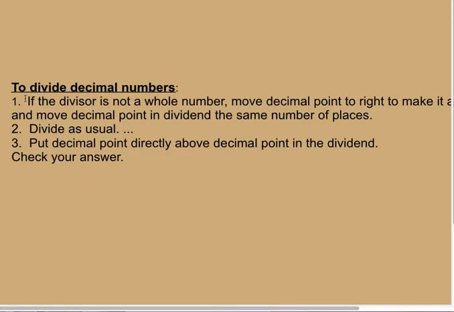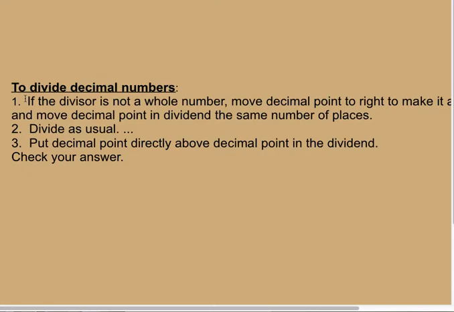So in order to divide decimals, if the divisor is not a whole number, move the decimal point to the right to make it a whole number, and then move the decimal point in the dividend the same number of places.